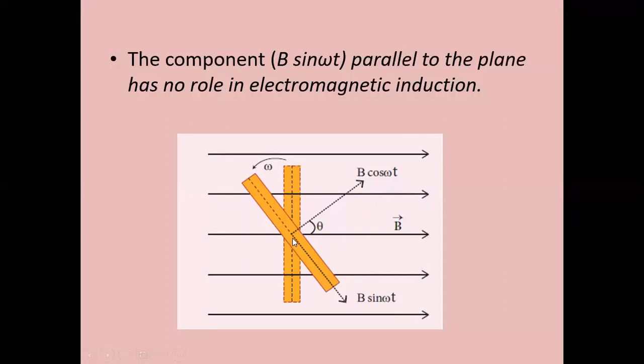So there is a parallel component as well as a perpendicular component. The parallel component will not play any role in electromagnetic induction. Only the perpendicular component plays a role in electromagnetic induction.